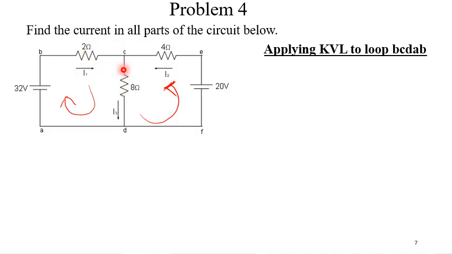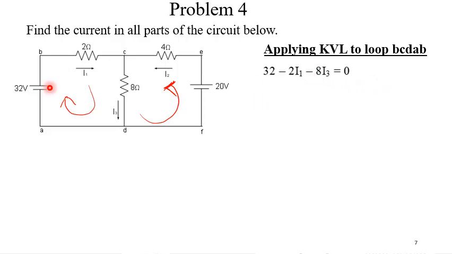This is also a voltage drop. So we can write it as 32 minus, because they are all voltage drops, we always negate them, minus 2I1 minus 8I3. We can write it as this: 32 minus 2I1 minus 8I3 is equal to 0.